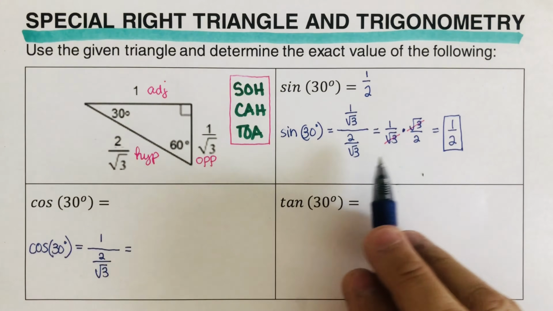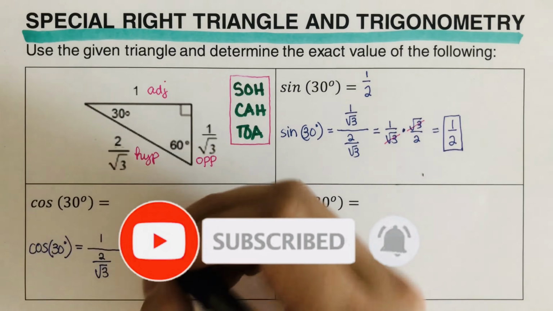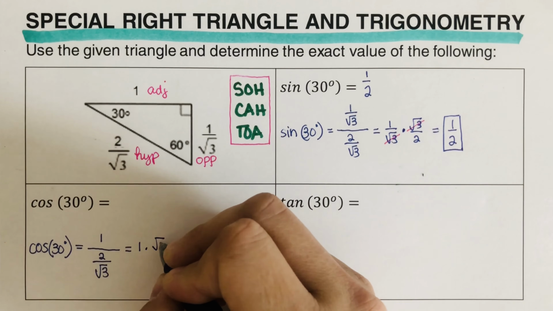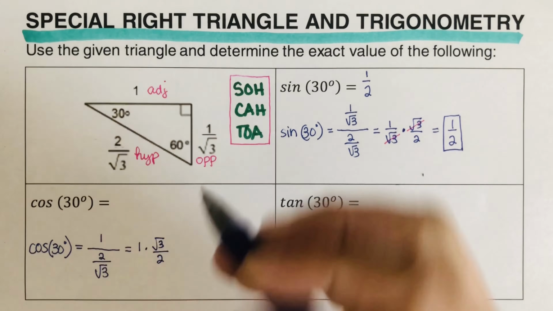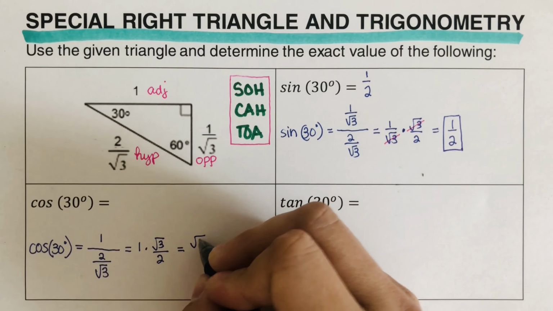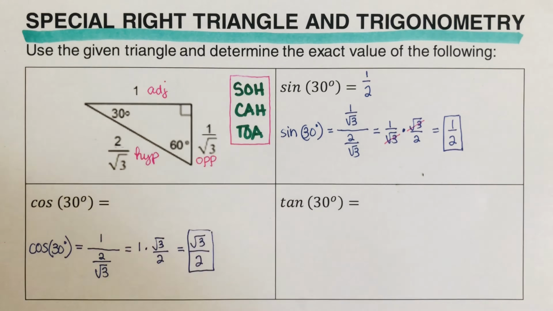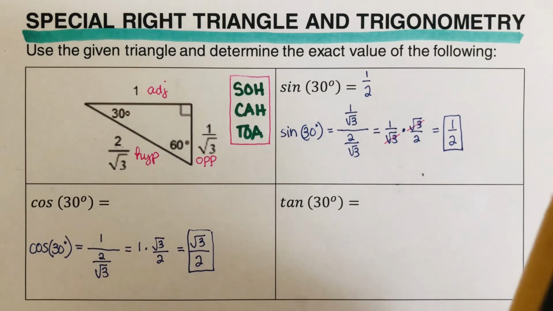Again, just like we did over here, flip the bottom. So I write 1 times square root of 3 over 2, and multiply across. So square root of 3 over 2 is the exact value for cosine 30. Now let's check if they match.